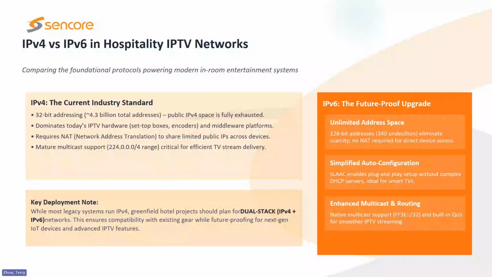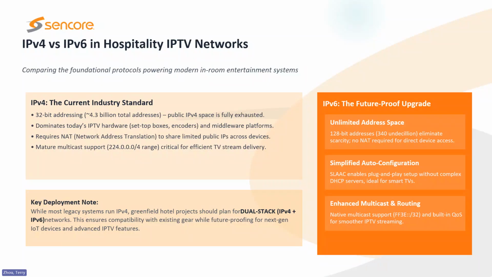Another benefit is simplified auto configuration, which makes configuration and setting much easier. With IPv6, you do not have to set up complex DHCP servers, and it automatically assigns the IP address.